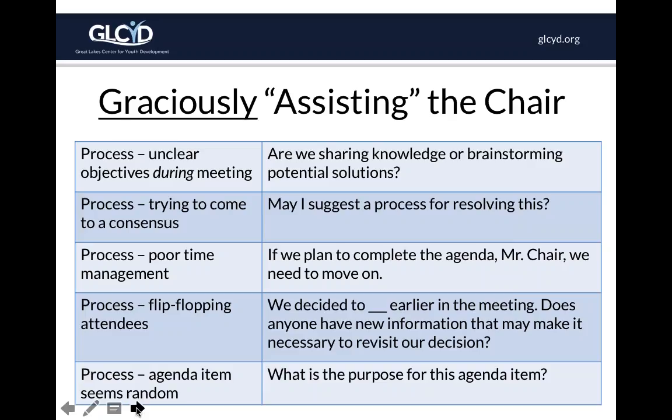Don't tack on other areas of business that may seem random. So instead of assuming it's random, it's always best to ask the person organizing the meeting, what's the purpose for this agenda item? Because it just doesn't seem to fit. And then when they explain it, you may realize it really does fit, or maybe it doesn't, and you can ask if they could hold that for a different meeting.